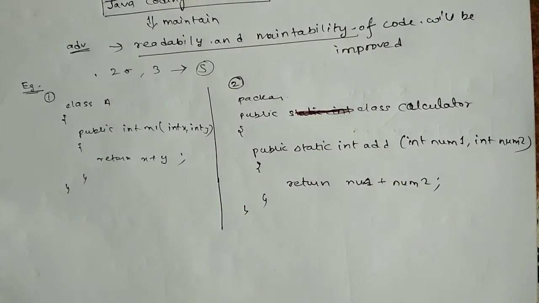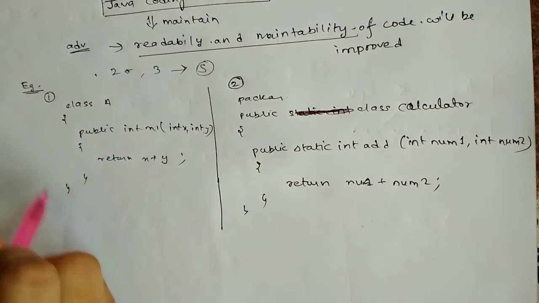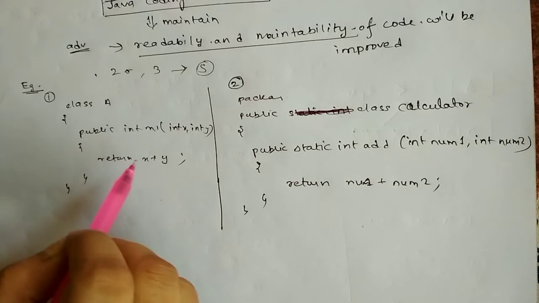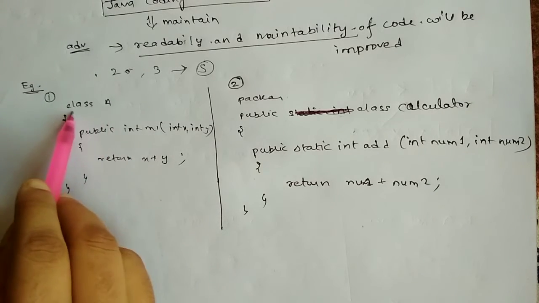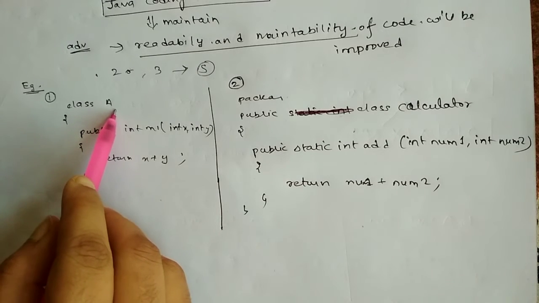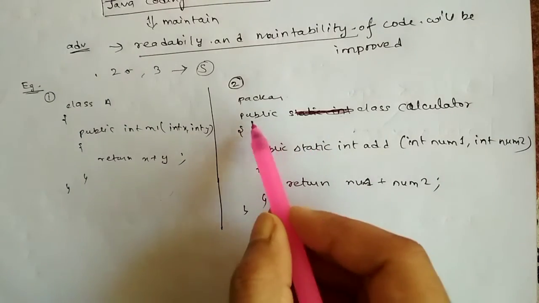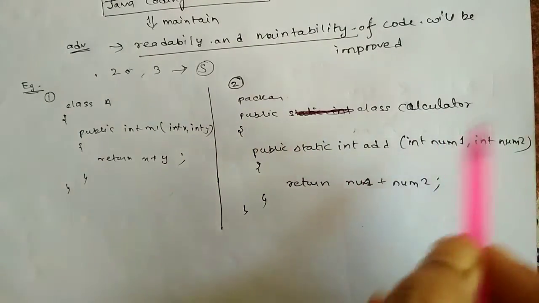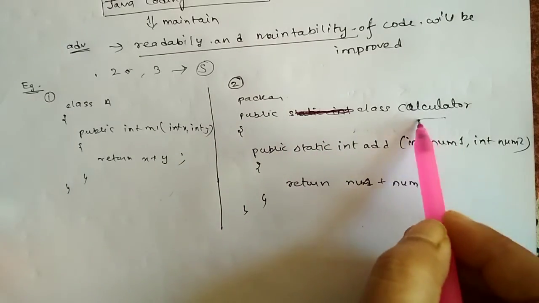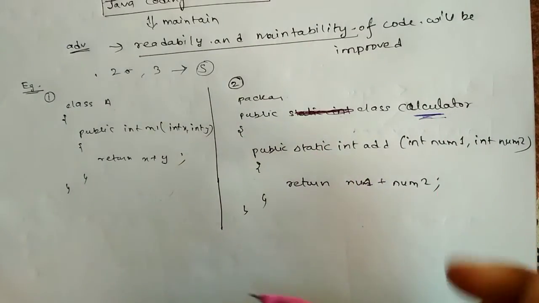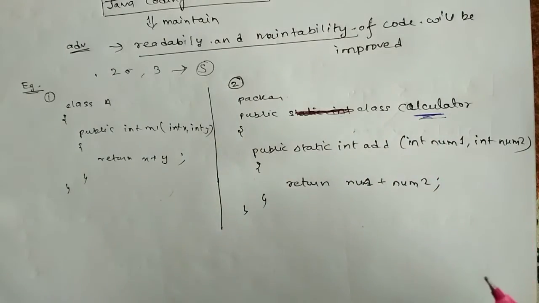First of all, let's see the difference between this code and this code. After looking at the first code, we can't understand what it is actually about. But in the second, it is written public class Calculator, so we can assume this is a calculator program.